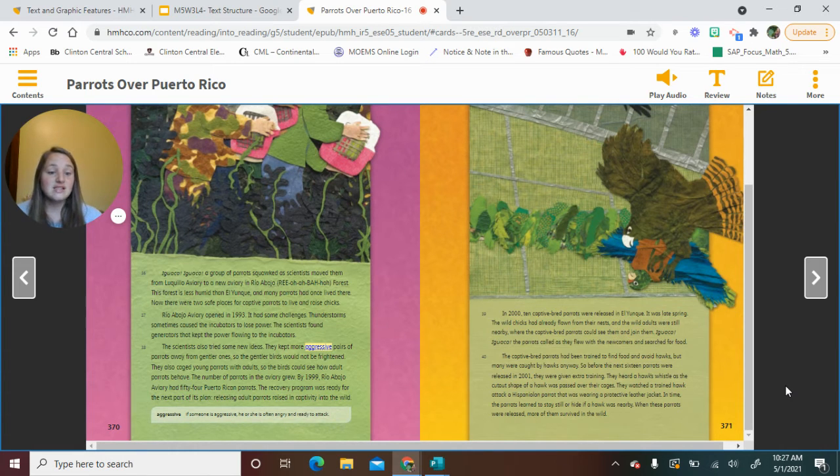So before the next 16 parrots were released in 2001, they were given extra training. They heard a hawk whistle as the cutout shape of a hawk was passed over the cages. They watched a trained hawk attack a Hispaniolan parrot that was wearing a protective leather jacket. In time, the parrots learned to stay still or hide if a hawk was nearby. When these parrots were released, more of them survived in the wild.